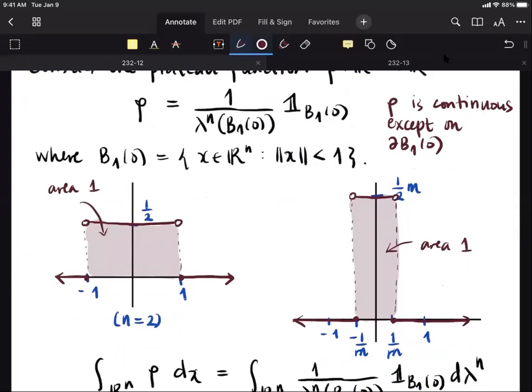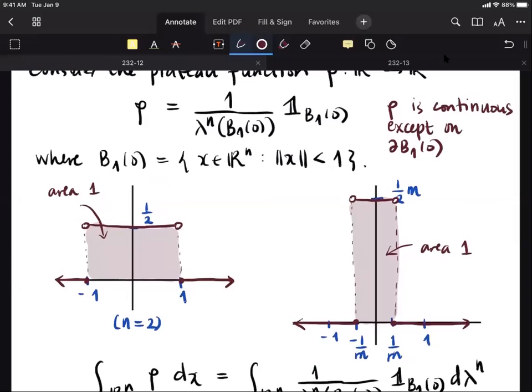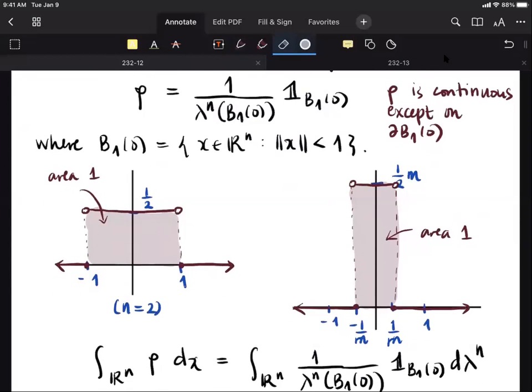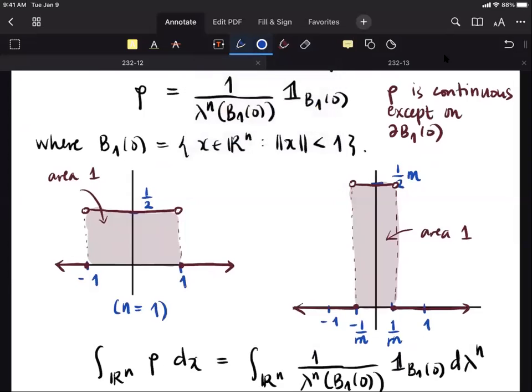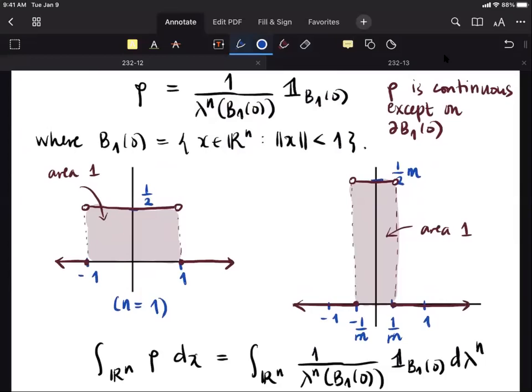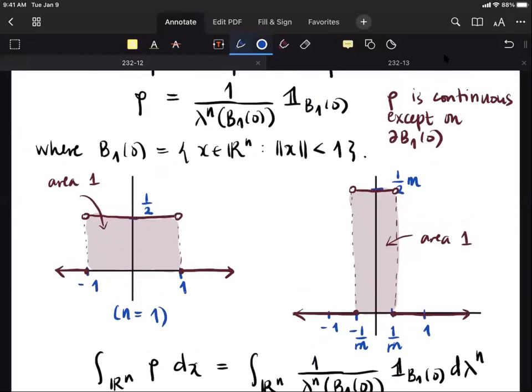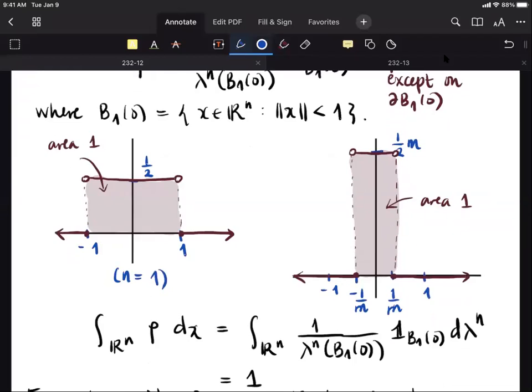So in the one-dimensional case, I should say n equals 1, the boundary consists of 2 points, that's -1 and 1. In the two-dimensional case, you will have the unit circle, and the unit sphere in the case of 3 dimensions. So you have continuity except on the boundary of the ball.